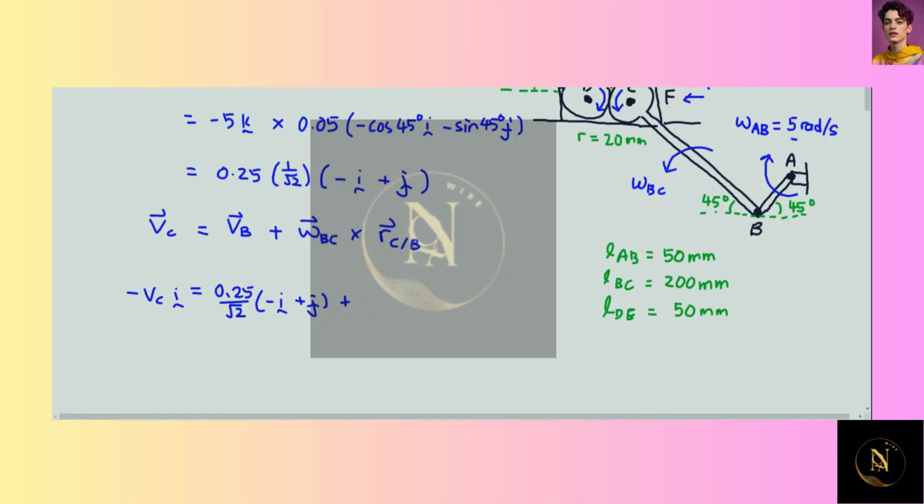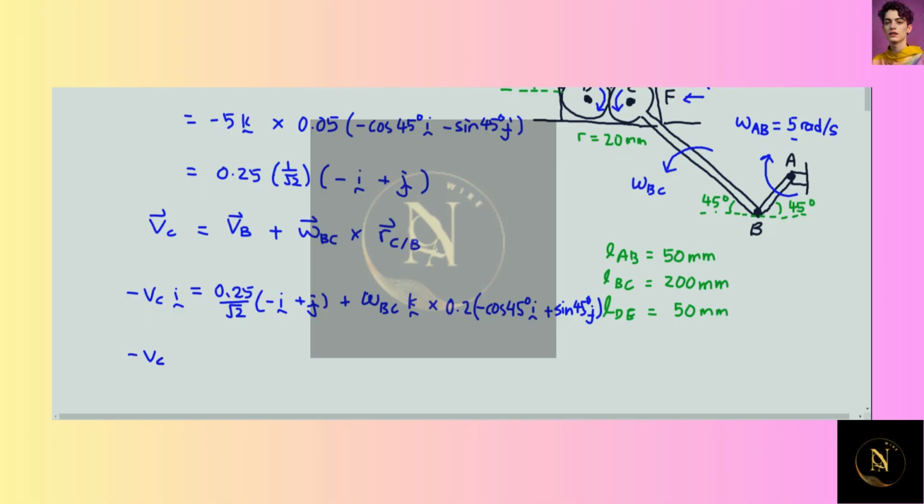And for the omega BC, from the diagram it is counterclockwise. The position vector of C relative to B is 0.2 minus cosine 45 degrees I plus sine 45 degrees J.